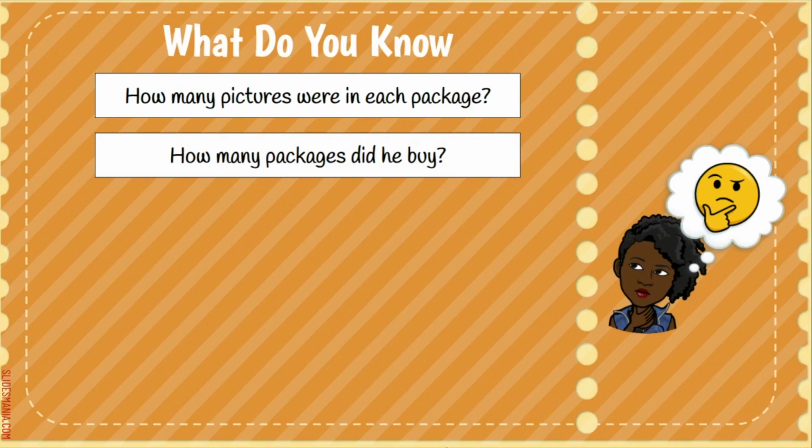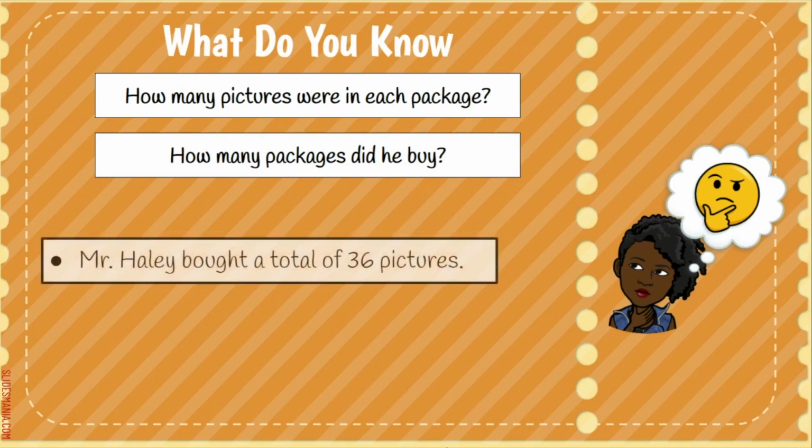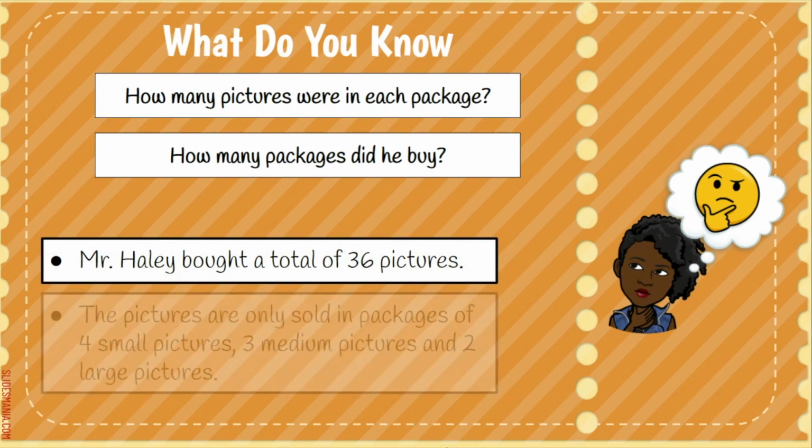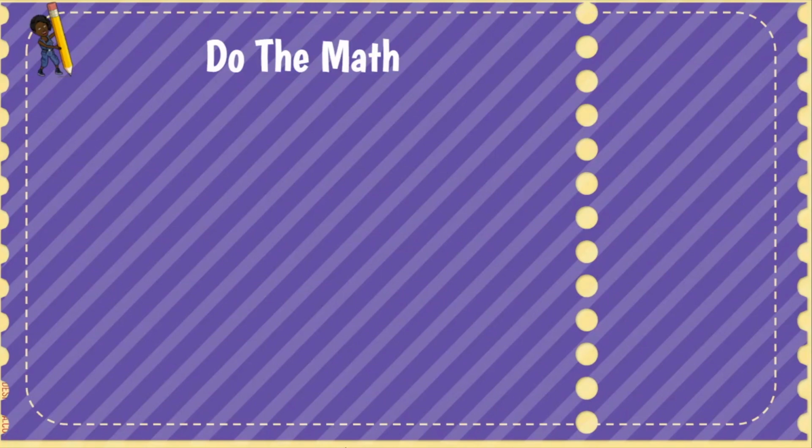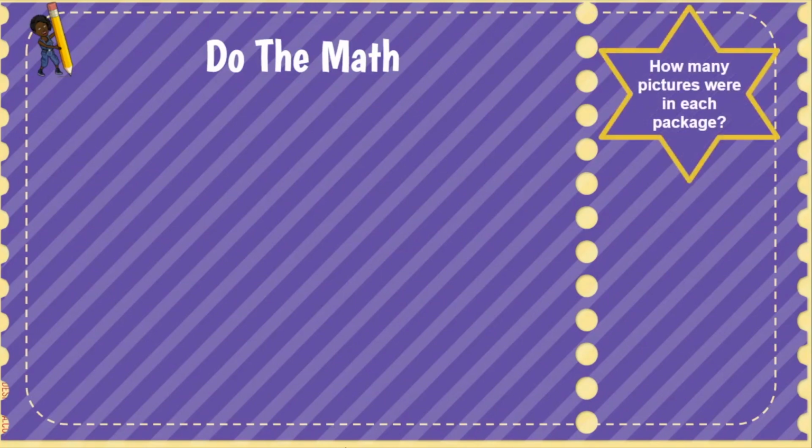Now, what do we know that is going to help us solve this problem? We know that Mr. Haley bought a total of 36 pictures. And we know that the pictures are only sold in packages of 4 small pictures, 3 medium pictures, and 2 large pictures. Let's figure out how many pictures were in each package.